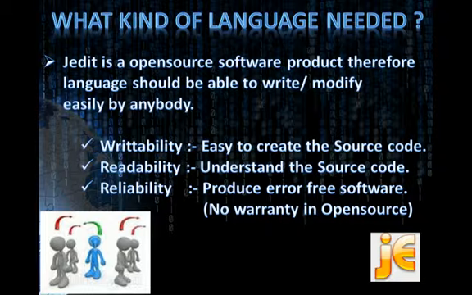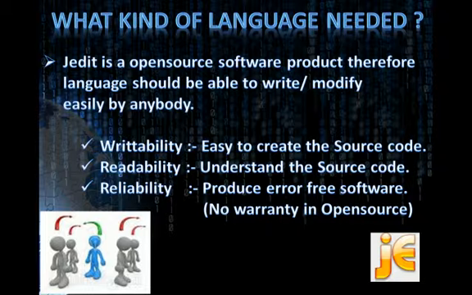Okay, we'll see what kind of language needs to be used in open source software. For open source software, the language should be easy for anybody to write or modify, because this software product can be modified by anyone all over the world.